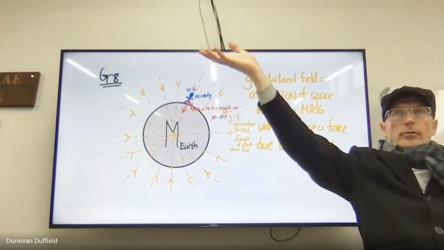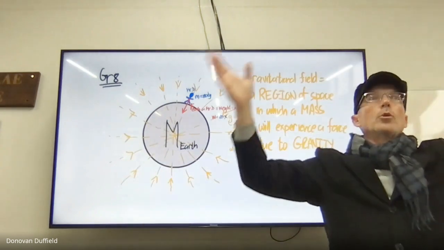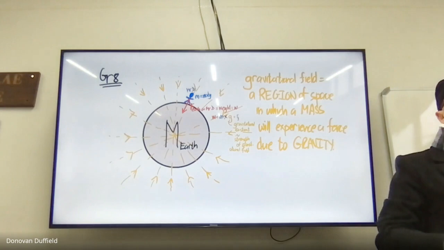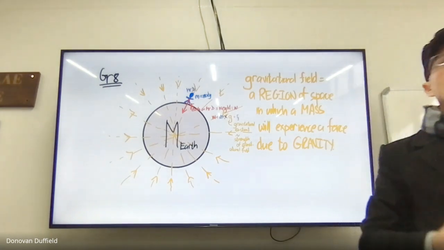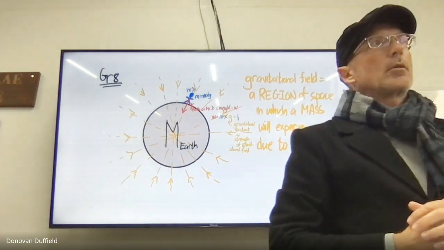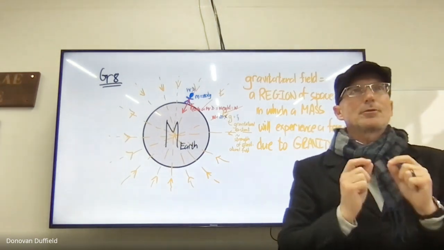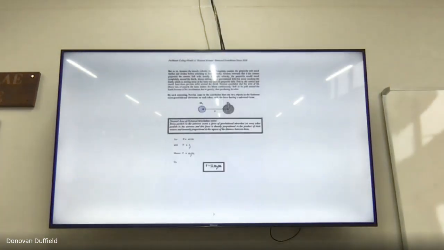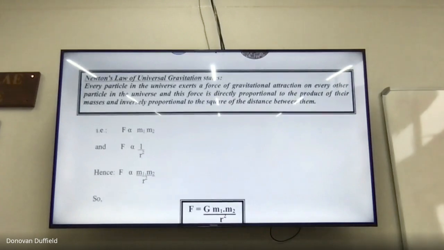They believed that up in the heavens were laws that were perfect, and on earth our laws were different. But Isaac Newton came along and formalized the first universal law. And that law is this law. I would like you to write it down.